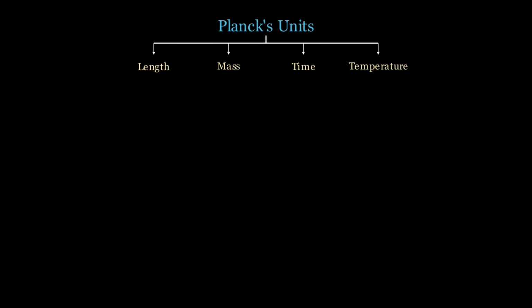We will concern ourselves with only the 4 basic Planck units, which are based on the 4 physical constants found in nature, defining length, mass, time, and temperature. You can recall their SI units and dimensional symbols, which are shown here.